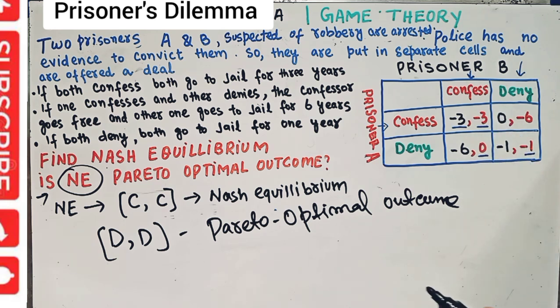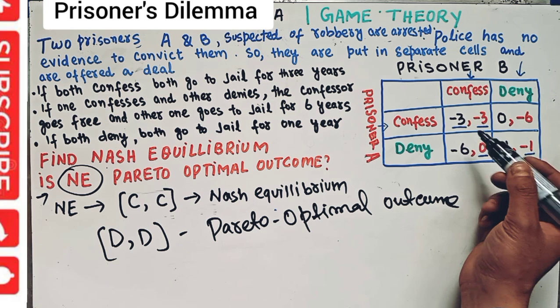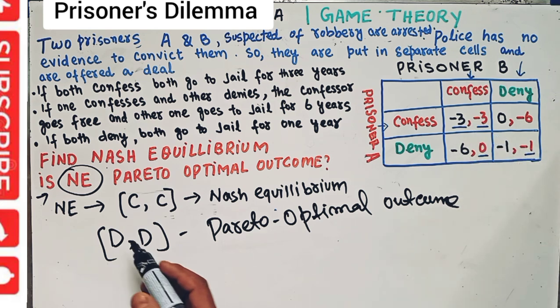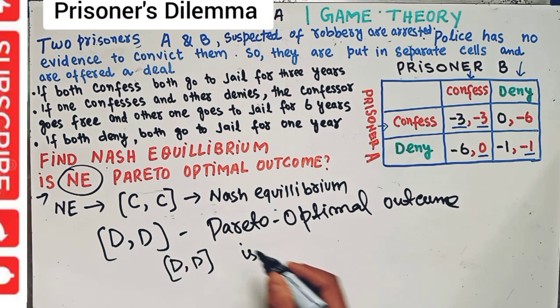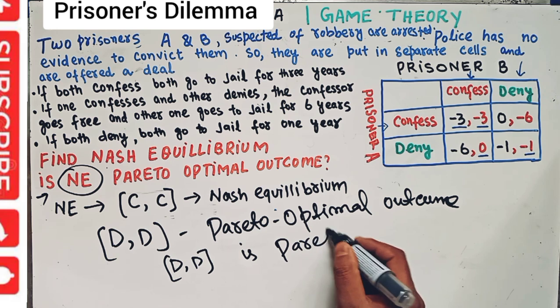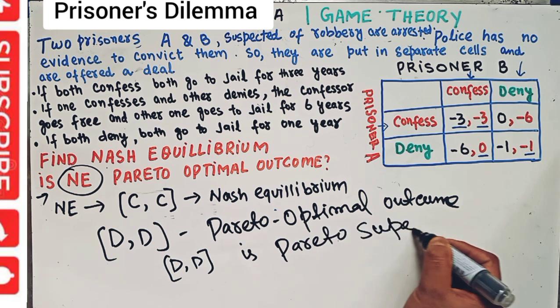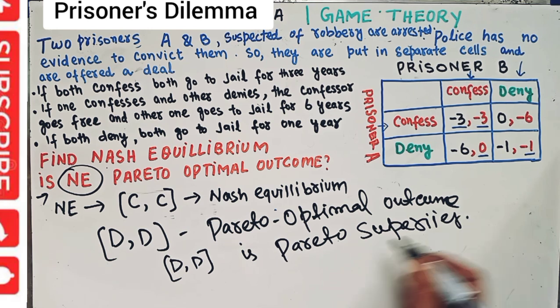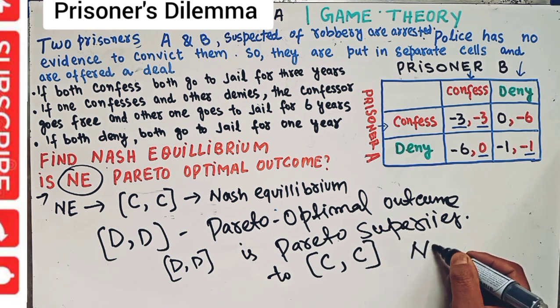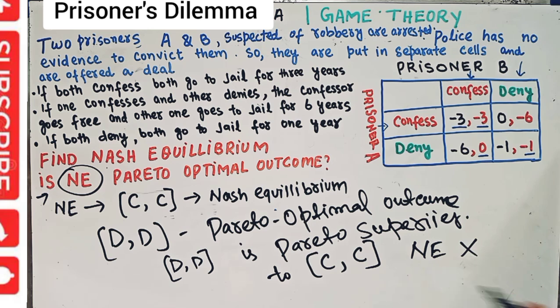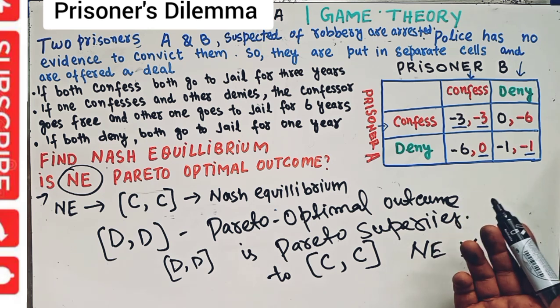But if somehow both the prisoners come into contact and decide to deny whatever happens, both will be better off. So we can say this deny is Pareto superior to confess.